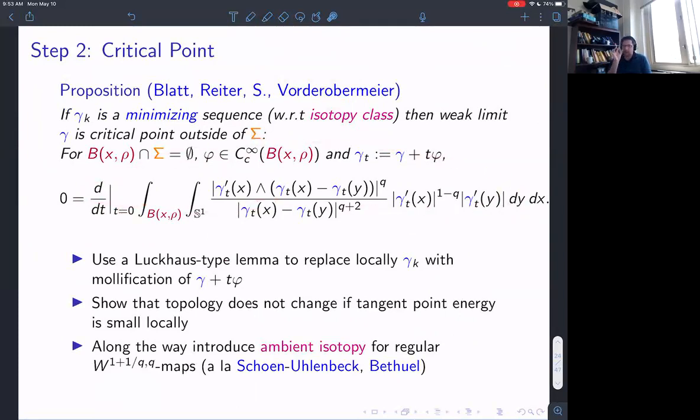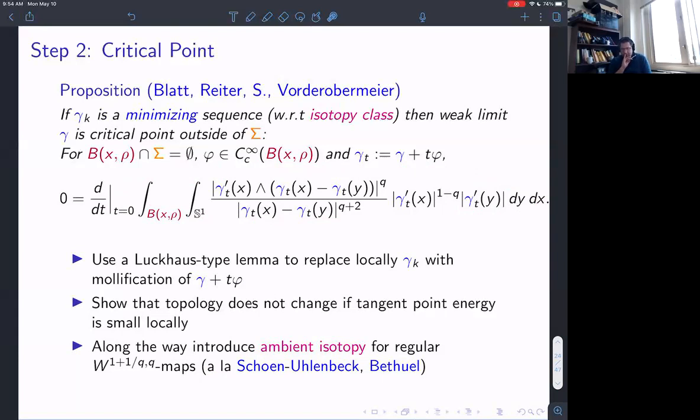Essentially, it tells you that when you're away from your singular set, the first variation is 0. And there's some gluing argument, which again is a bit nasty in this non-local situation, but one dimension makes life a little bit easier. Essentially, these are ambient isotopy arguments, which are very similar to Schoen-Uhlenbeck, so this is maybe not that complicated anymore.